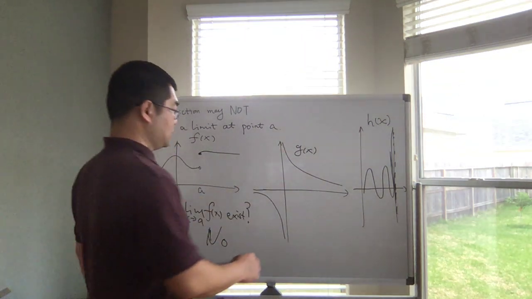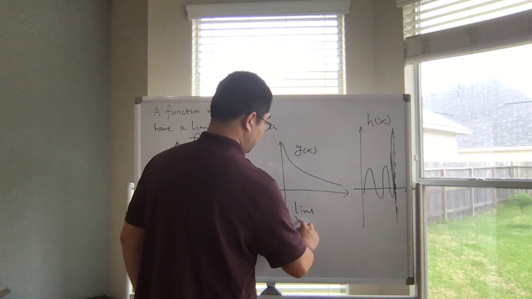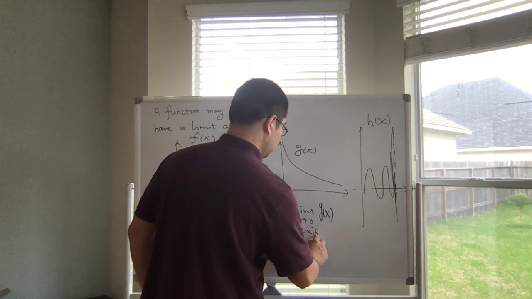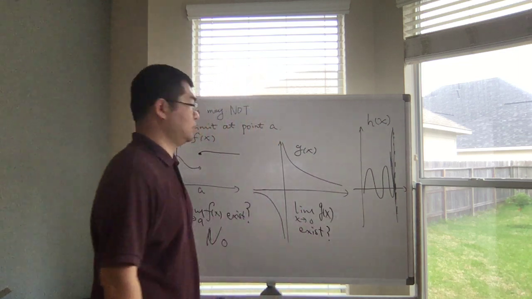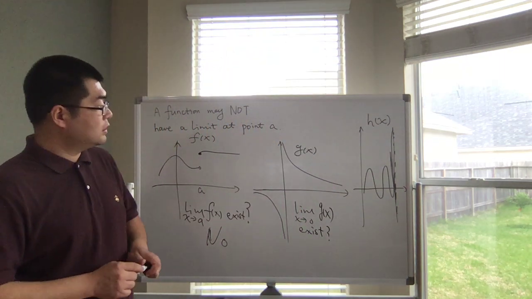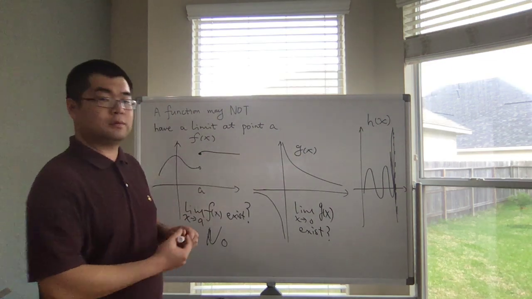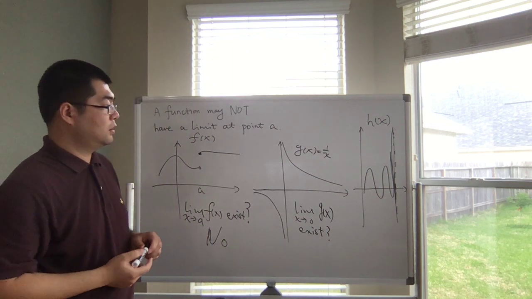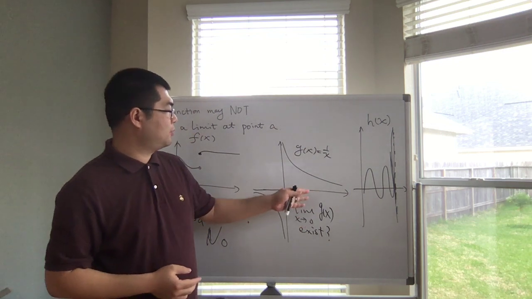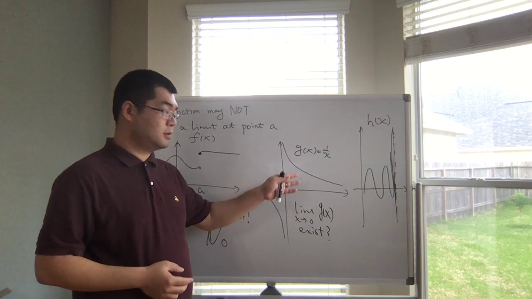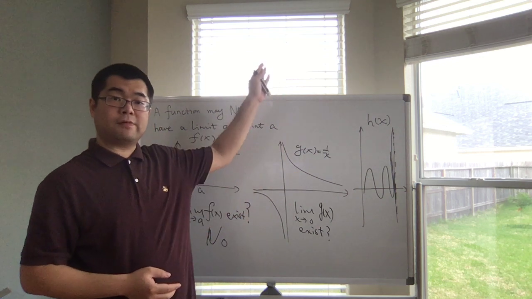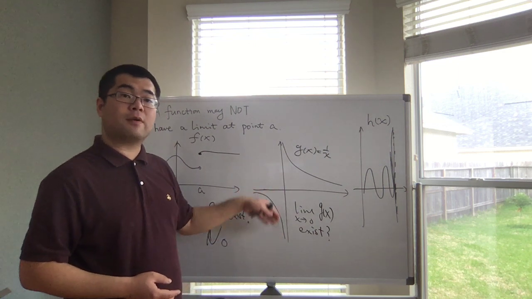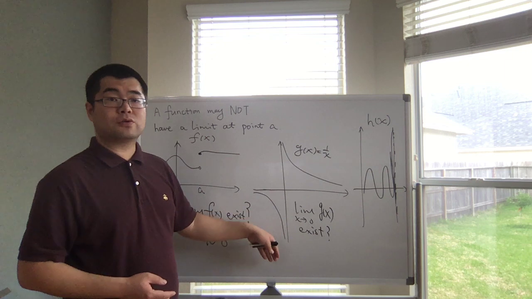What about this one? Let's look at this. Does the limit as x approaches 0 of g(x) exist? That's the question. This actually is a graph of y equals 1 over x. As you can tell, as x approaches 0 from the right side, g(x) goes to positive infinity, while as x approaches 0 from the left side, g(x) goes to negative infinity.